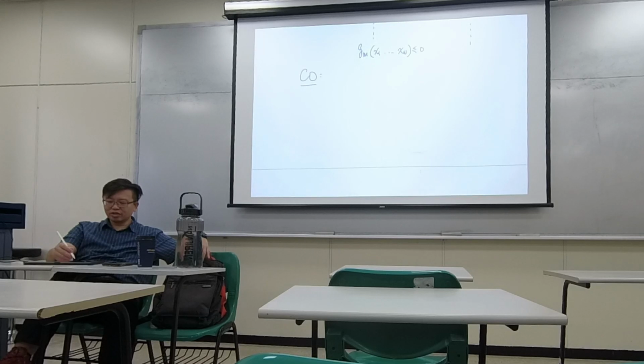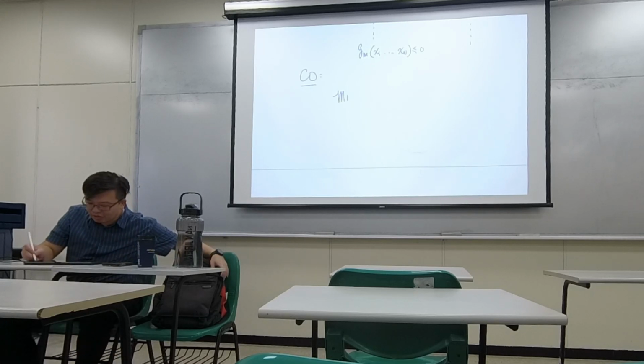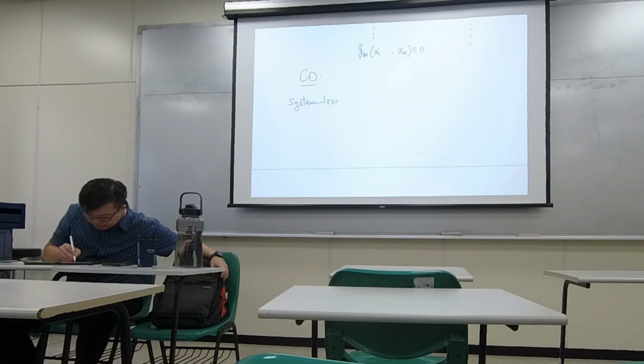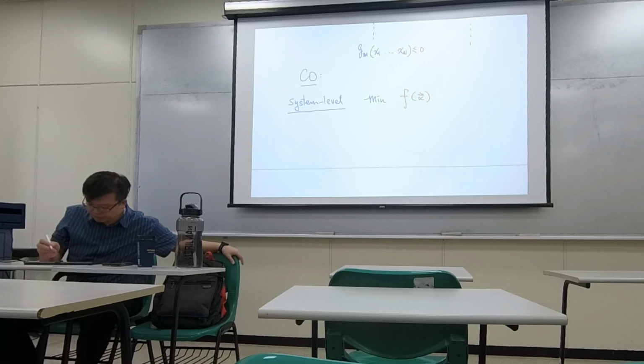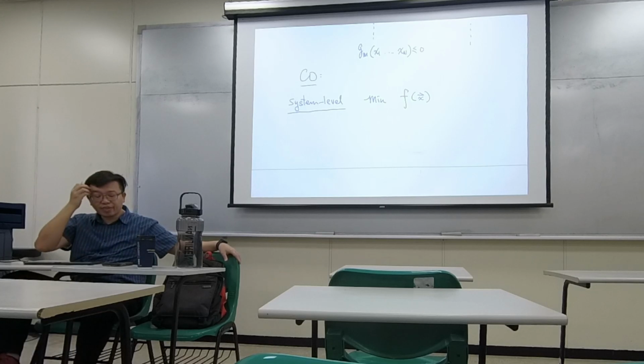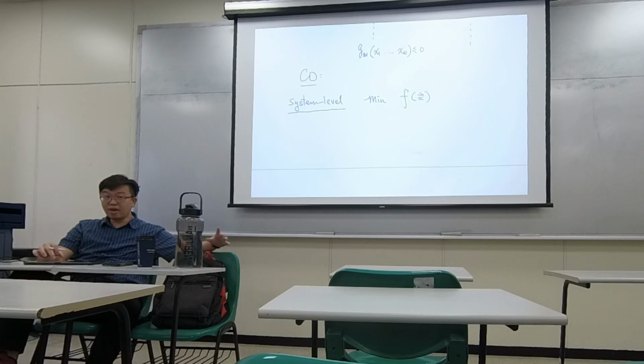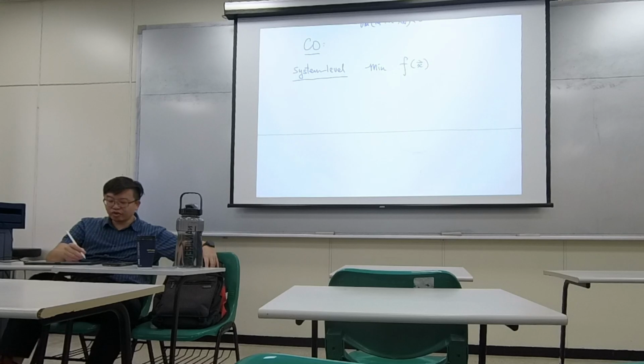They call the top the system level. Okay, and then maybe some constraints, for example, G1 is right here at the bottom.